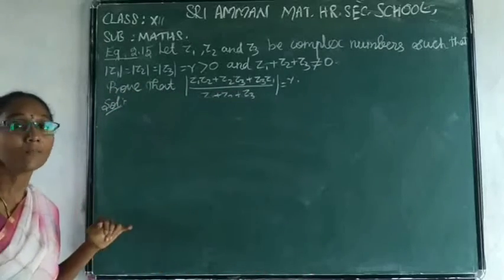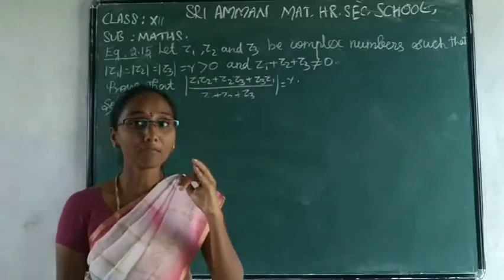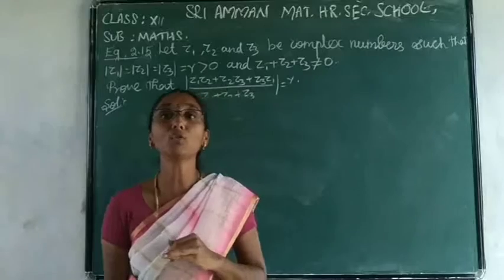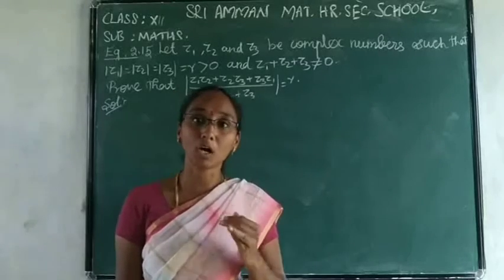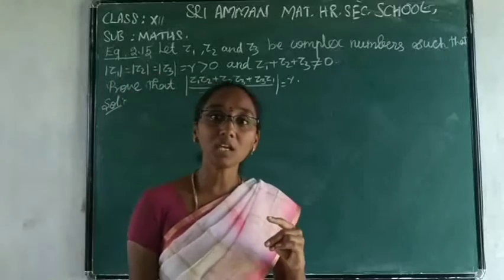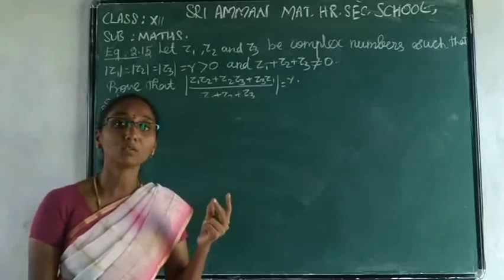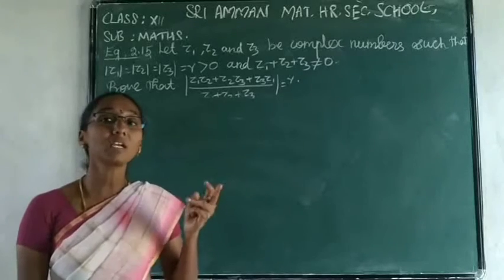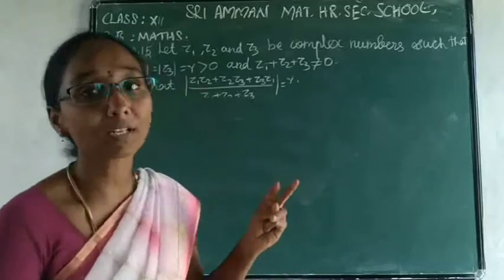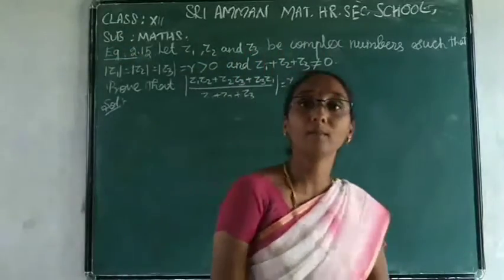Do you understand what the question is? What is the given part? Satisfying modulus of z1 equal to modulus of z2 equal to modulus of z3 equal to r and z1 plus z2 plus z3 is not equal to 0. These two conditions are satisfied by the three complex numbers z1, z2, z3.